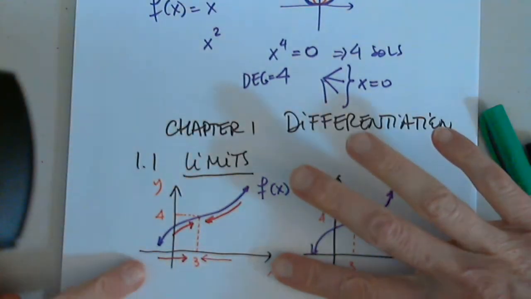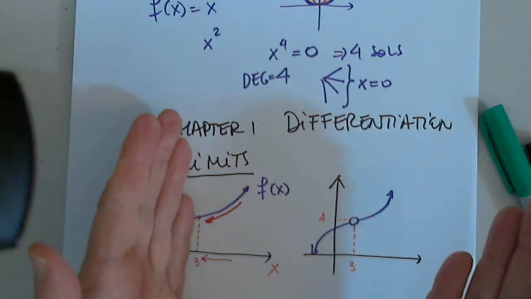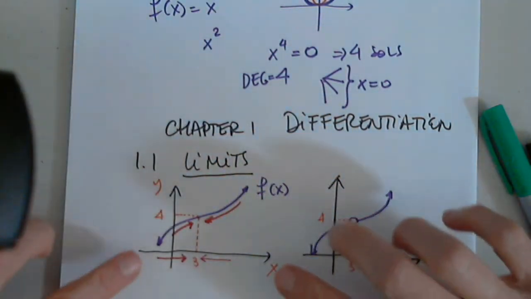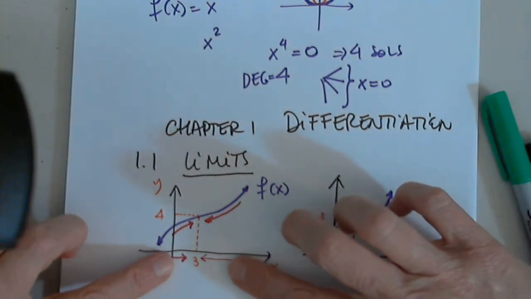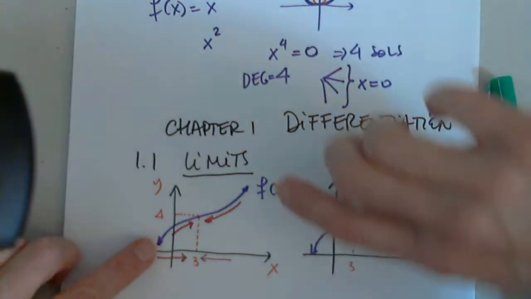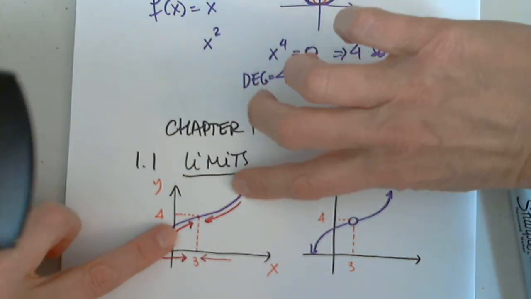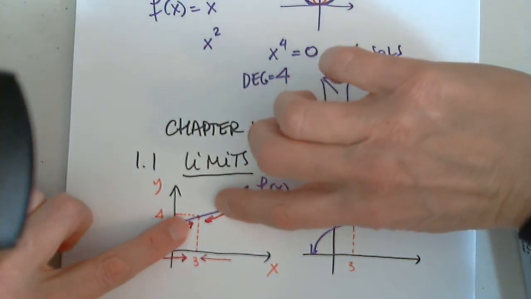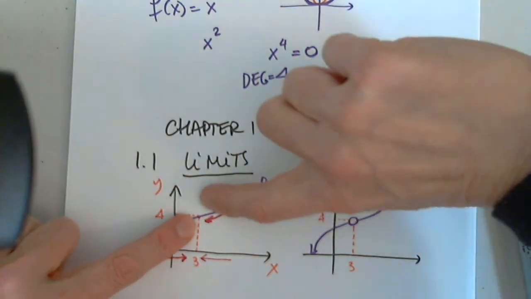So as x gets closer and closer to 3, from one side or the other, would you agree that the function values get closer and closer to 4?